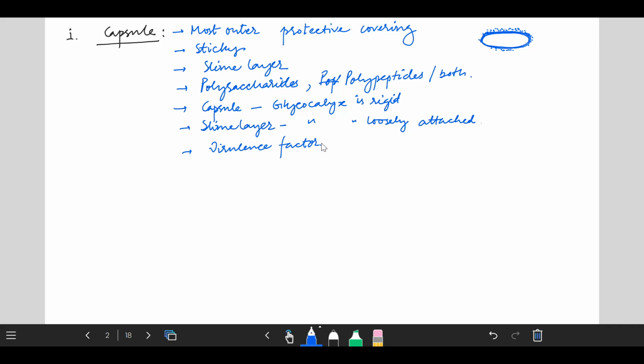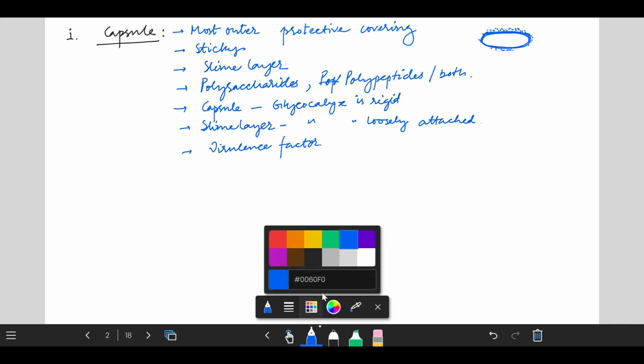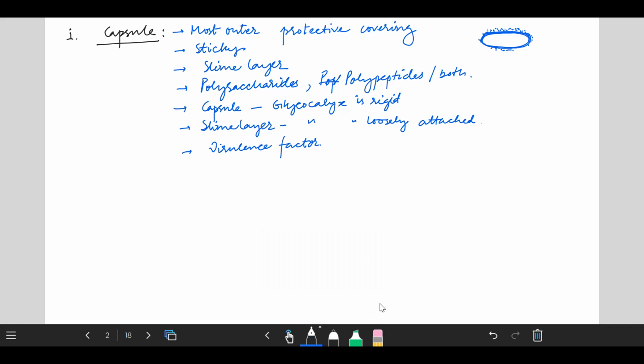Now we need to be clear about the cell wall. Second one is the cell wall. It is also an important part of bacterial cells. Actually, this is the next layer after the capsule.